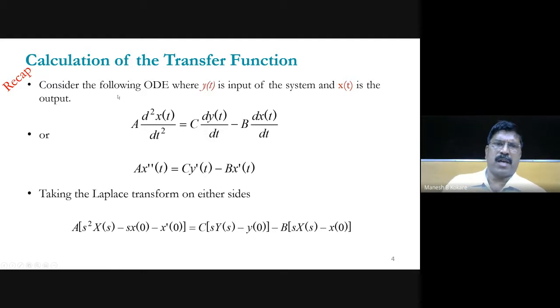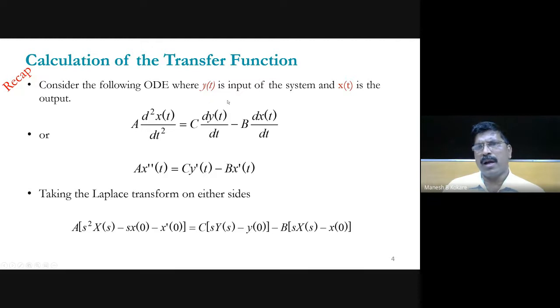Also, we have studied, for example, if you have a second order system, where y of t is the output and x of t is the input, and the mathematical model of your second order system is given by an equation like this.